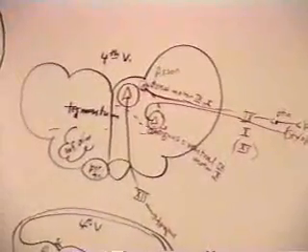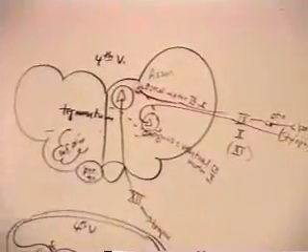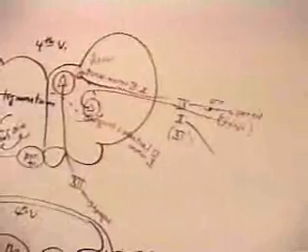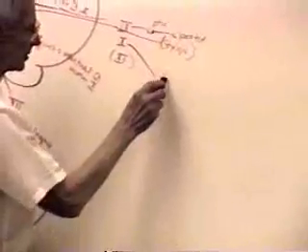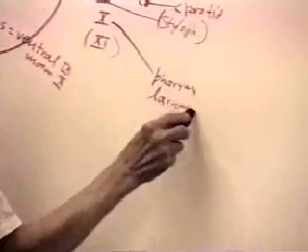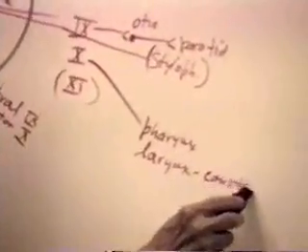The 10th motor components, however, are important, both voluntary and autonomic. The voluntary motor activities of 10 relate to other muscles of the pharynx, larynx, including the constrictors and tensors of the vocal cords, constrictors of the larynx and tensors of the vocal cords.